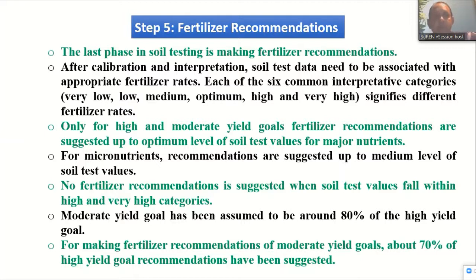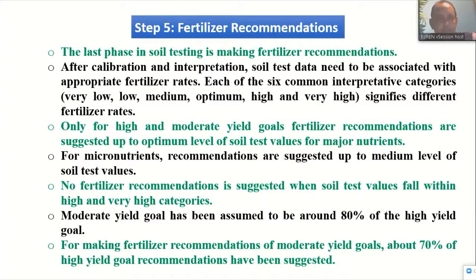For example, if a farmer is very poor, he cannot contribute high input, at that time we can suggest him a low yield, that means a low category of fertilizer. But if someone is using a hybrid crop with a high yield goal, that time we can suggest him high fertilizer or optimum fertilizer for that crop and yield goal.